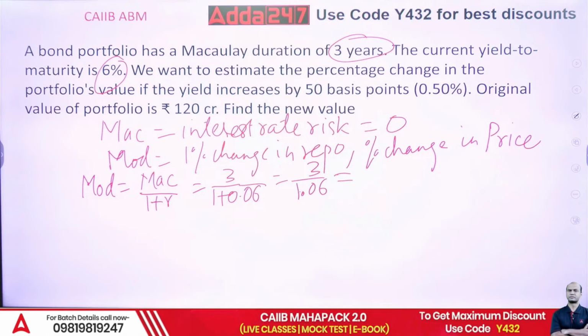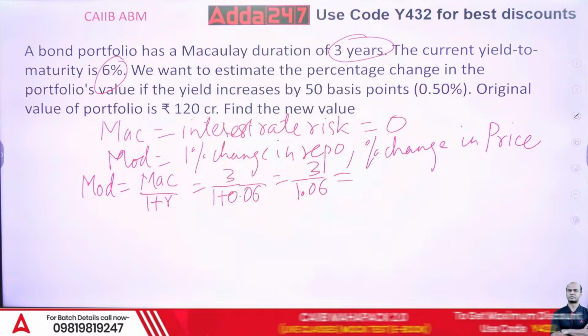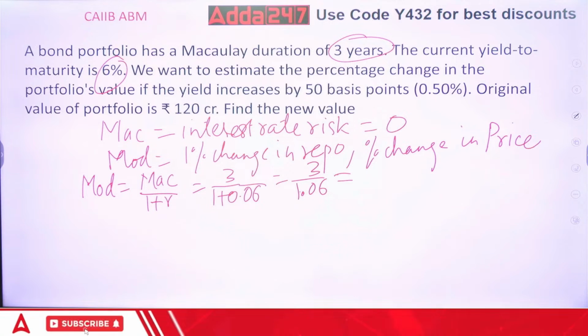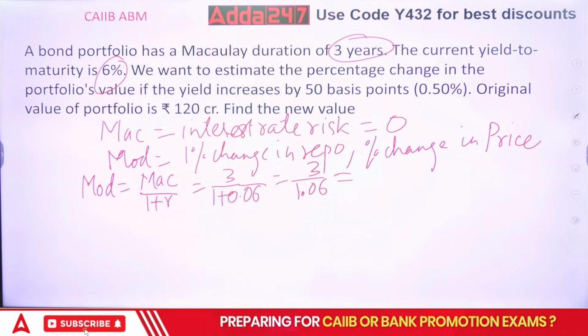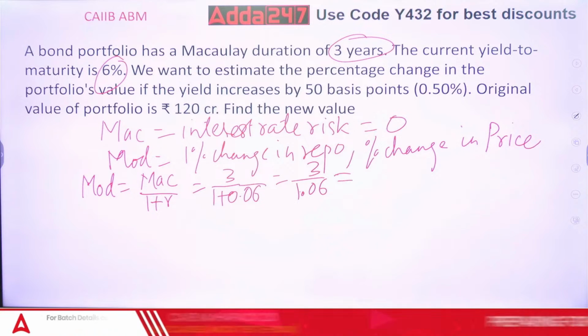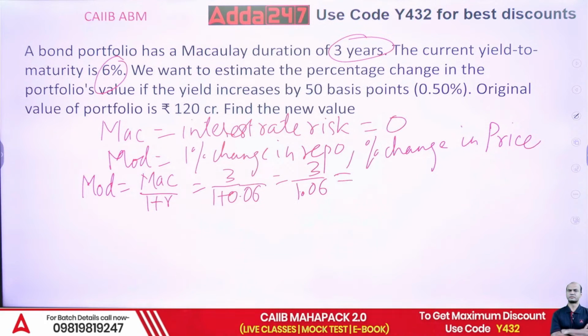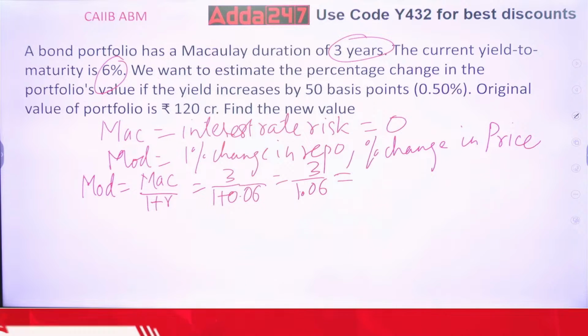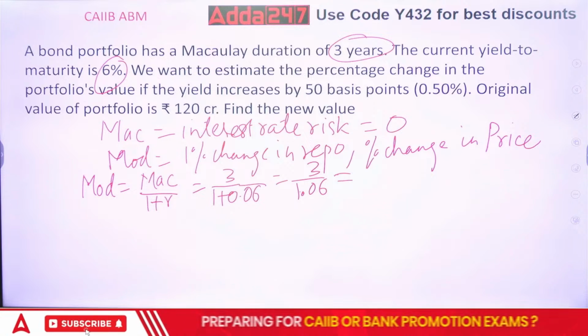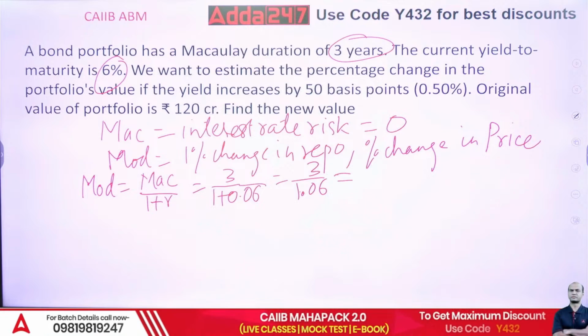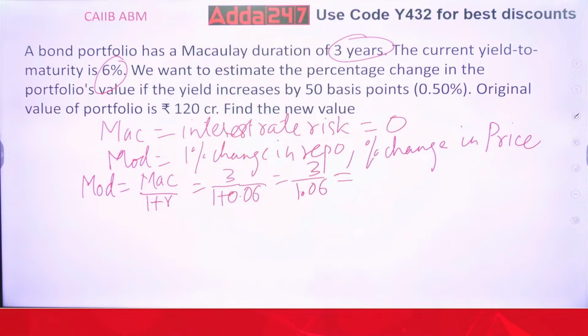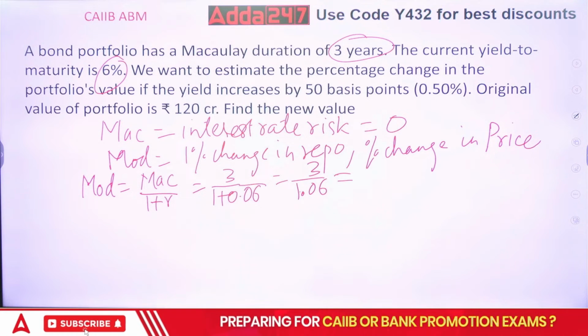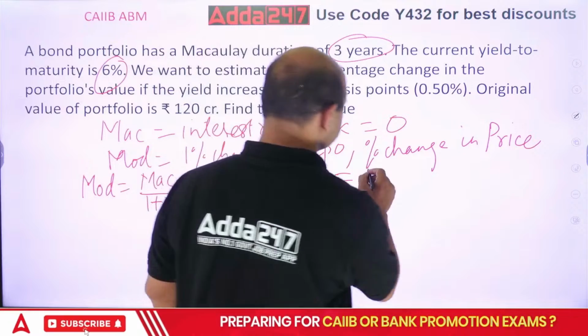Everyone do it using the calculator. 3 upon 1.06, right? So 2.83, correct? Got it, everyone? 2.83. But this is in percentage.